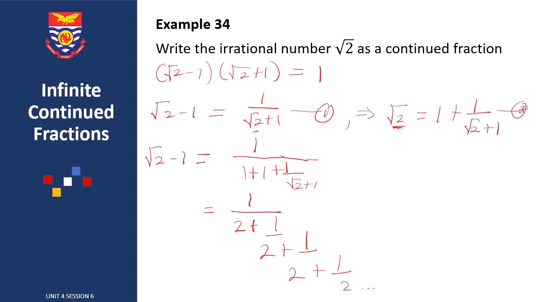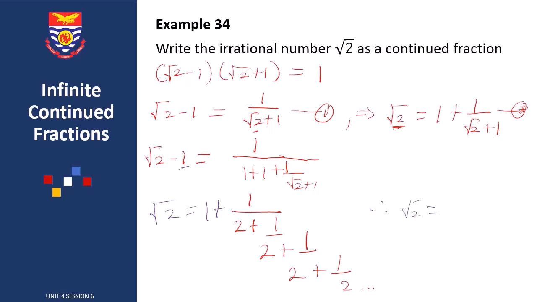If I add 1 to both sides, you get root 2 equal to 1 plus 1 on 2 plus 1 on 2 plus 1 on 2 plus 1 on 2, and that keeps on going, which will not end. In that order, we can say therefore root 2 equals this.